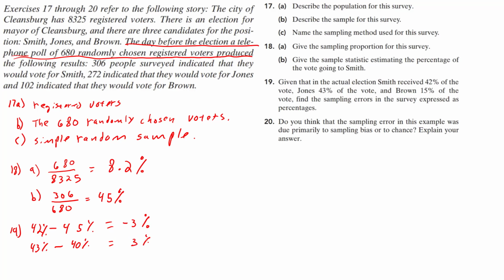And then for Brown actually got 15% of the vote, but 102 divided by 680, 15% of the vote is what the survey said he would receive, and so there was no error there.